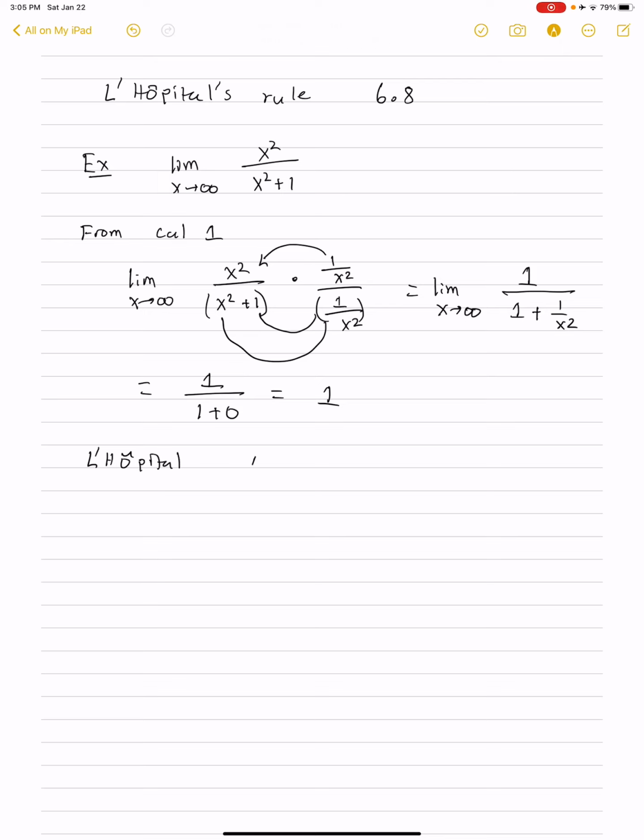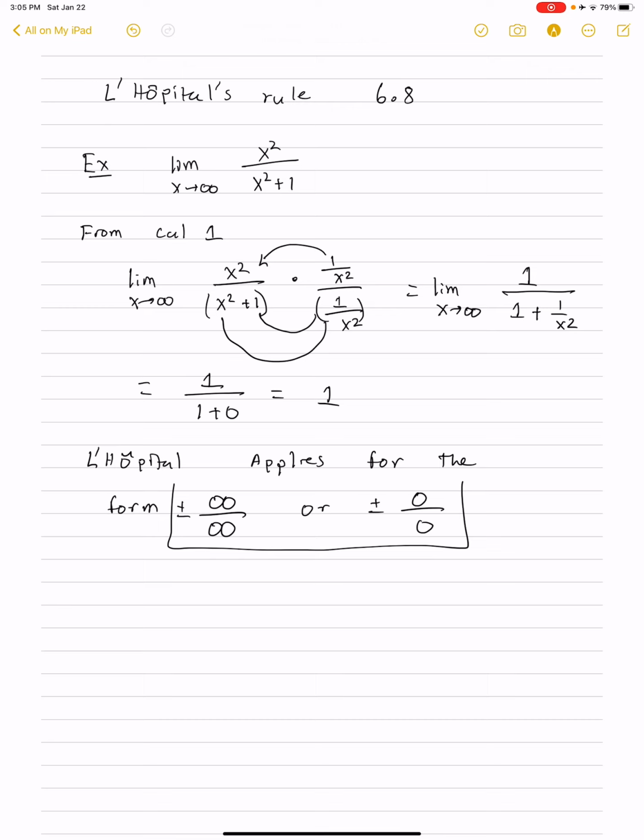And this applies for things of this form. So it applies for the form infinity over infinity, and we'll do plus or minus 0 over 0. So these are the important forms. If we have one of these two, we can use L'Hopital's rule.